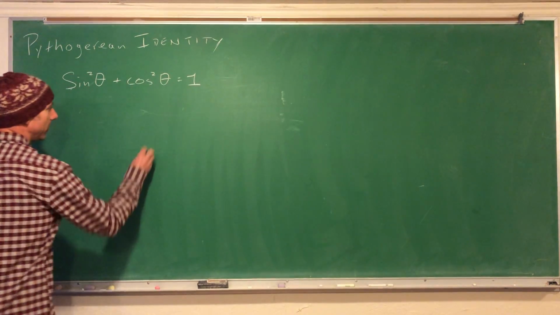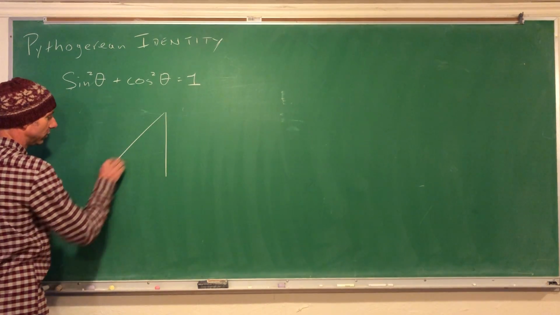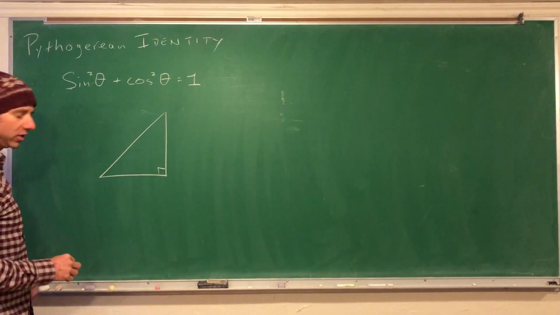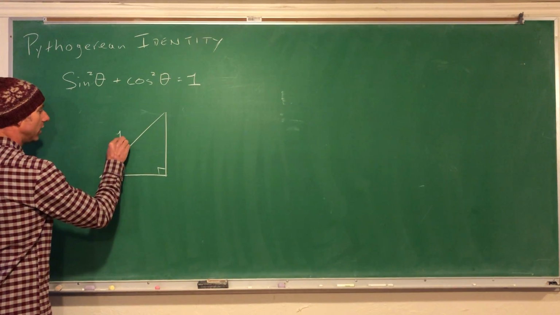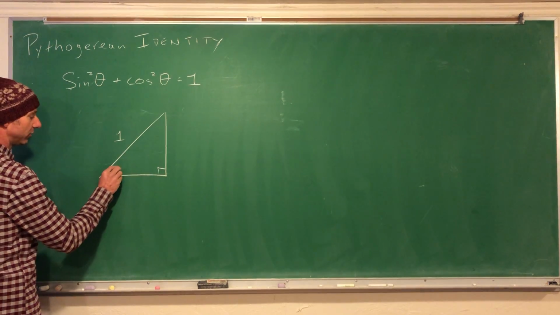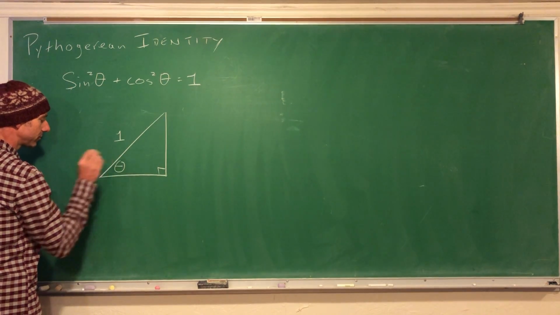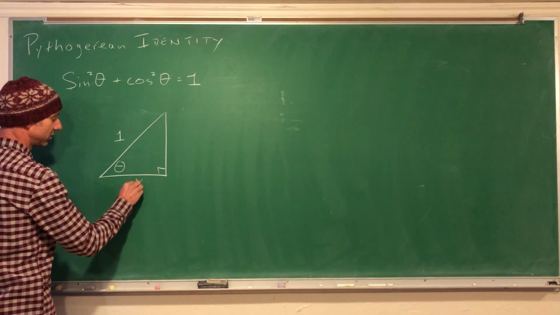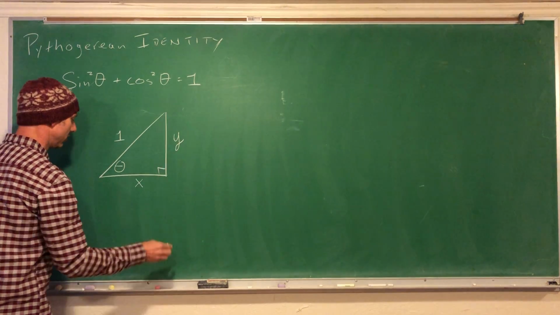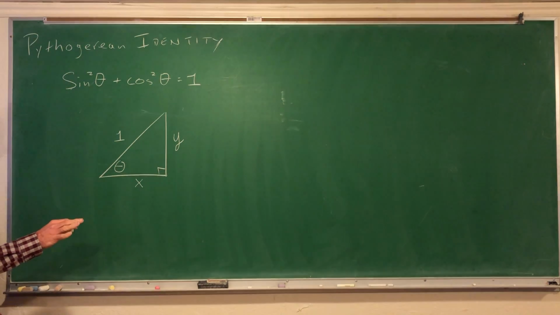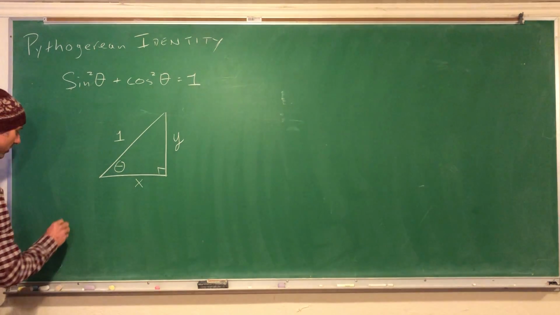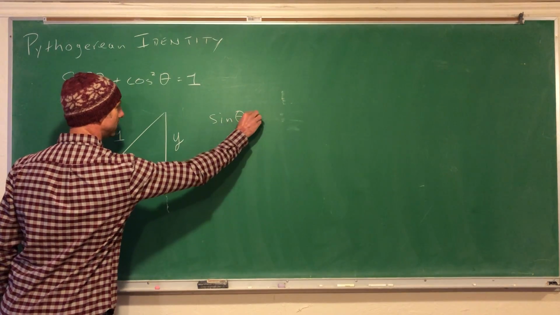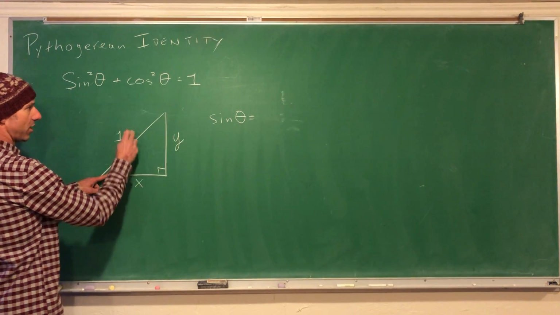So backing up a little bit, we started with a right triangle like that, and we said this side up here is 1, and we're going to use this bottom angle down here. We're going to call this theta, and for sake of simplicity, we're going to call this length x, and this one y, and then we can go ahead and do our sine and cosine. So sine theta is opposite over hypotenuse, which is y.